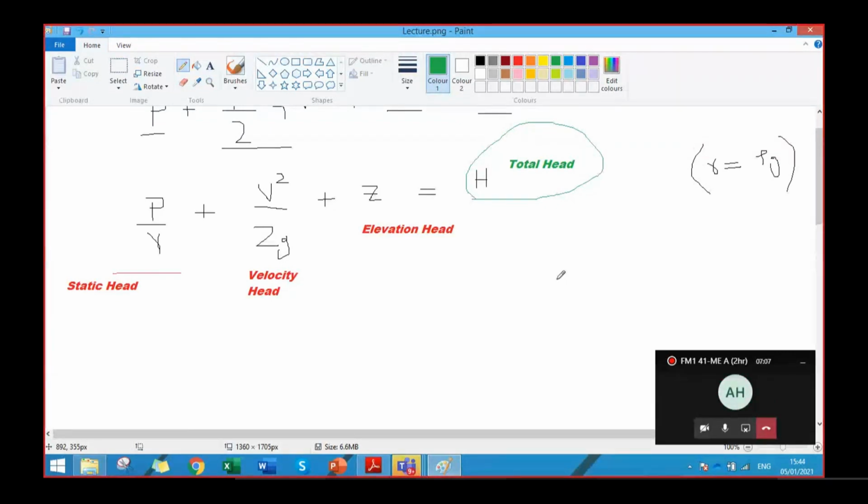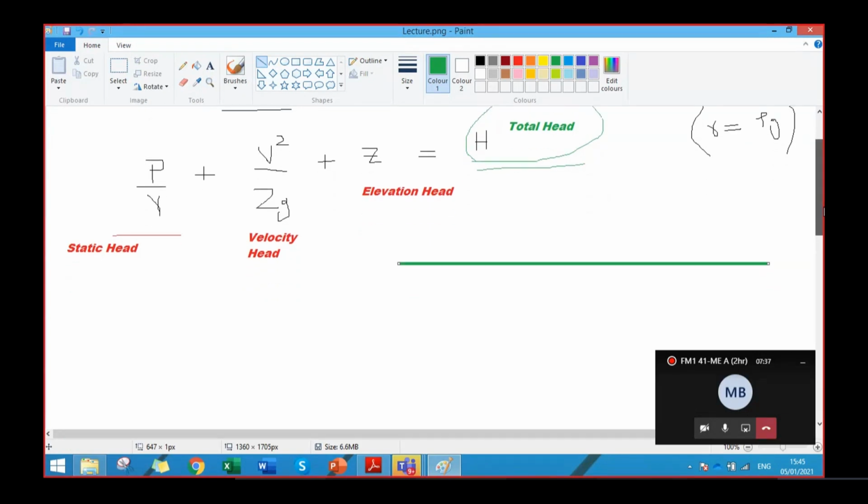If I draw any line that is representing the total head, that is a fixed value, that line should always be a horizontal line, right? If the value is fixed, it would always be a constant line. So for any flow, the energy grade line will always be horizontal.